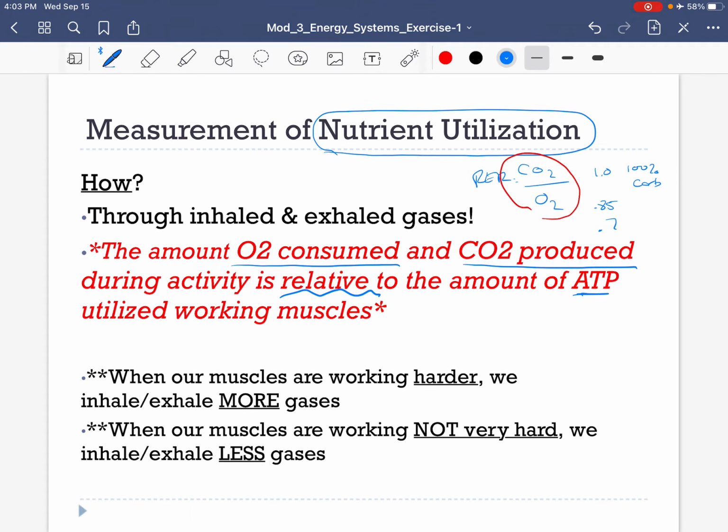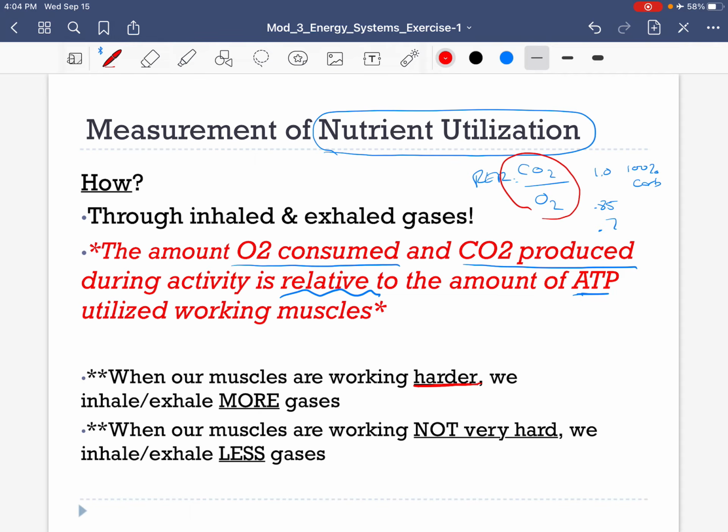We've already established that it needs some kind of fuel, so we take carbohydrates or fat and convert it into ATP, and that's like the fuel. But something else that our muscles need to contract is oxygen. It's just another ingredient that it needs. So therefore, because the muscles need both oxygen and fuel, they are related.